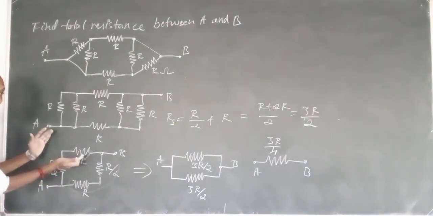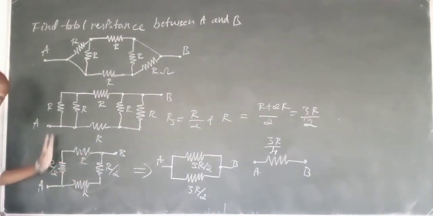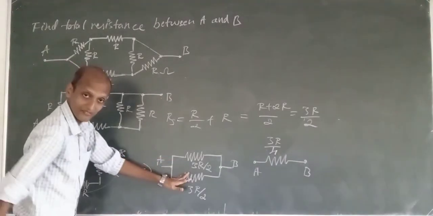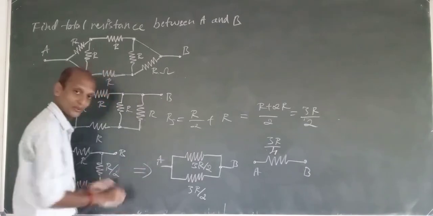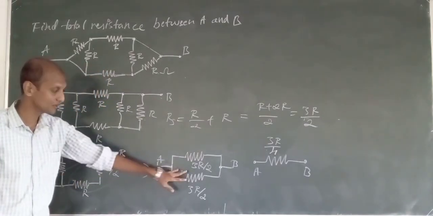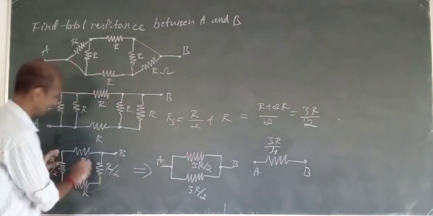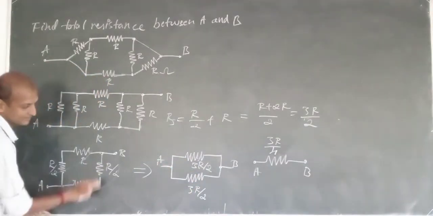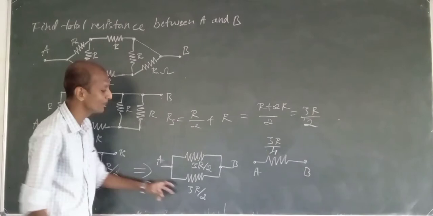So now I can simplify this circuit and write it in a simplified manner, so that this equivalent resistance is equal to 3R by 2, and again this equivalent resistance is equal to 3R by 2.